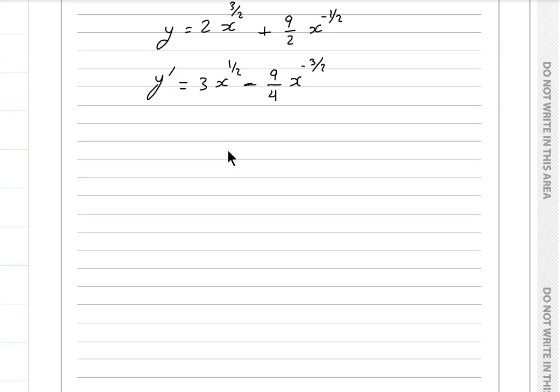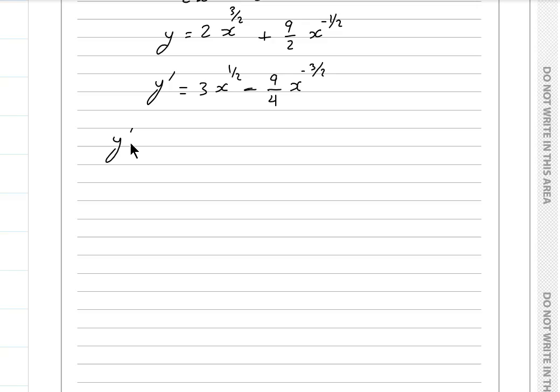And now we want to solve y dash equals 0, which means that I will take 3 over 4 x to the power of minus 3 over 2 as a common factor. When you find something like this, I prefer to take the denominator within the common factor, and also x raised to the lowest power.